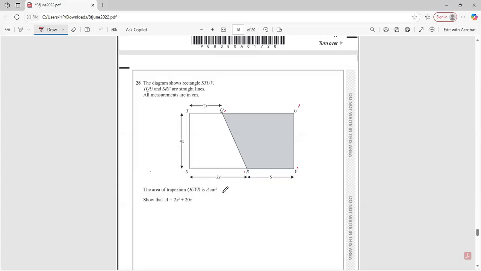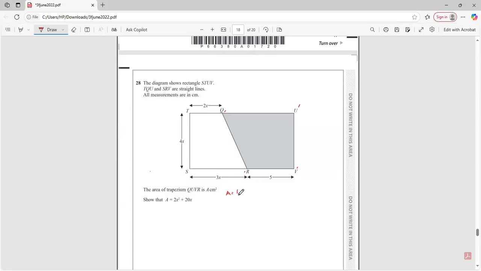So the first thing we would need to do is remind ourselves what's the formula for the area of a trapezium. Okay. So A, for a trapezium, let me just write the general formula before we come back to this guy.